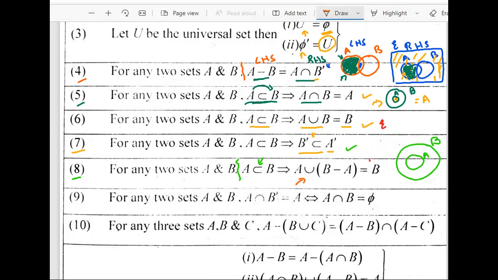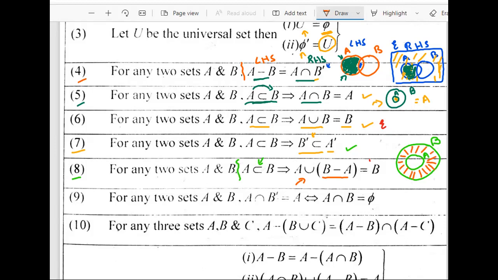Now talk about this side: A union (B minus A). What do I have in B minus A? Everything of B except A, right? Except that part of B which is in A as well. Do you guys agree with this?